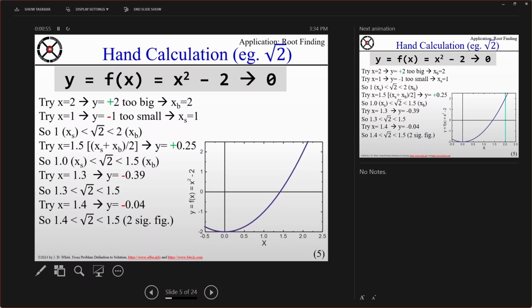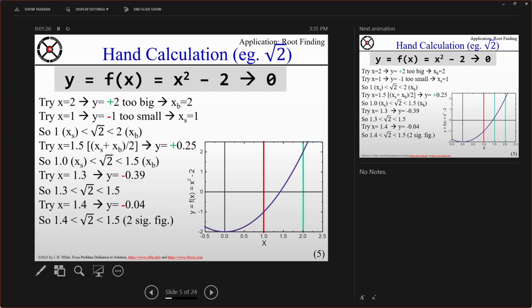So I try both of these, and I find that, oh, okay, if I substitute in x equals 1, I will get a negative number. If I substitute x equals 2, I will get a large positive number. I know the root is between the two. Okay, so I know the root has to be between here and here.